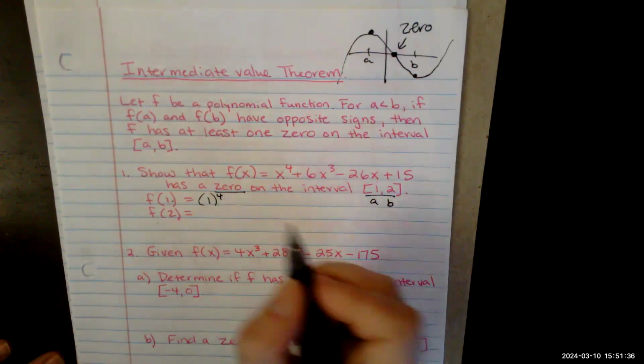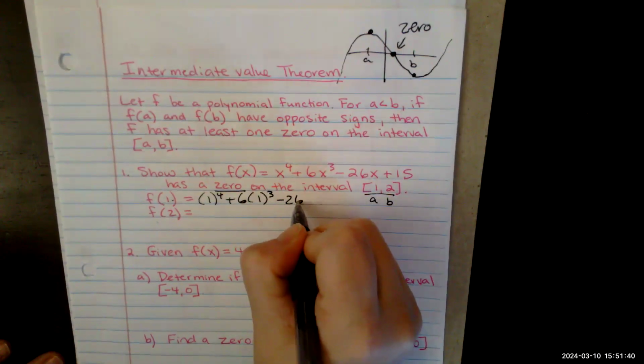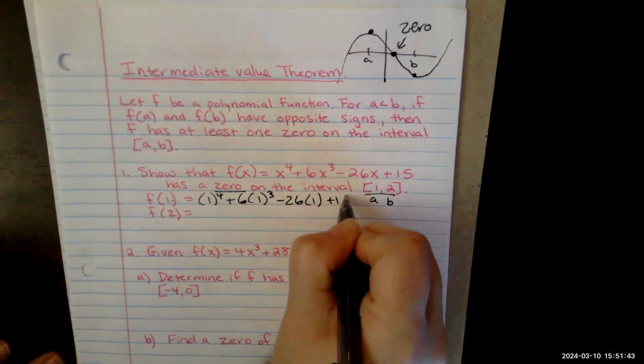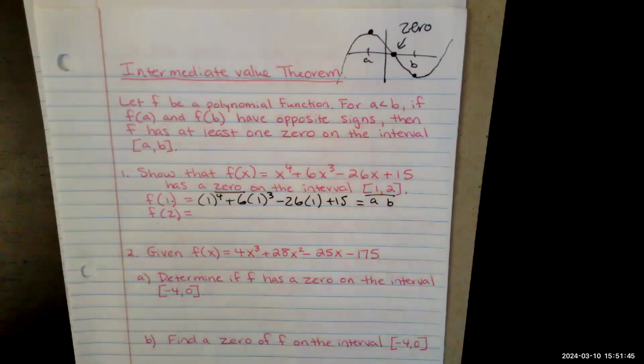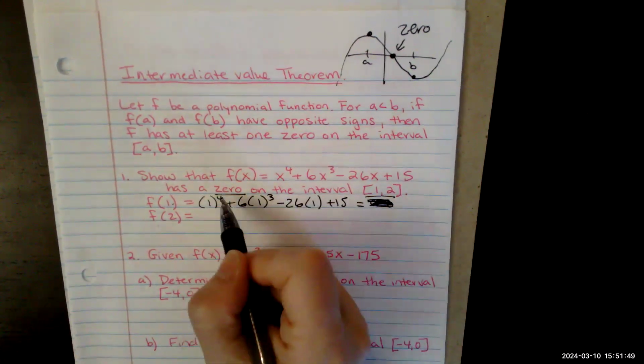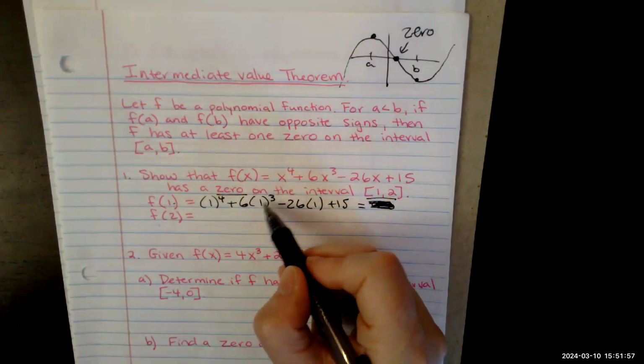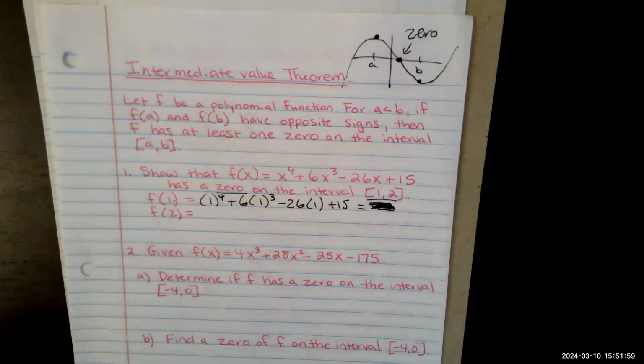So 1 to the 4th plus 6 times 1 to the 3rd minus 26 times 1 plus 15. Oops, I'm in my A and B way. What do I get? 1 to the 4th is not 4, so be careful. It's just 1. So I have 1. 1 to the 3rd again is 1 times 6 is 6.